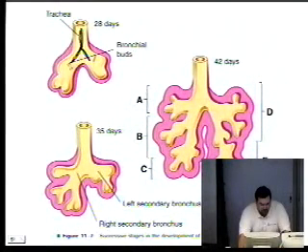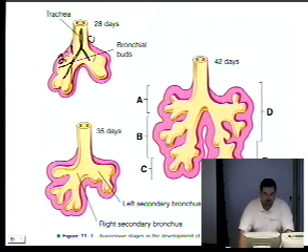And actually, by this point, you've already got a secondary branching. So this would be the trachea. We'll just call that 0. This would be the right primary bronchus, and these would already be the second bronchi, or bronchial divisions.